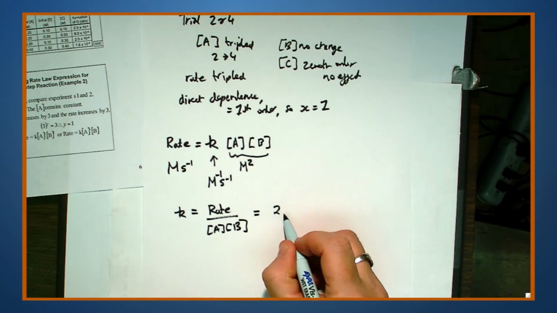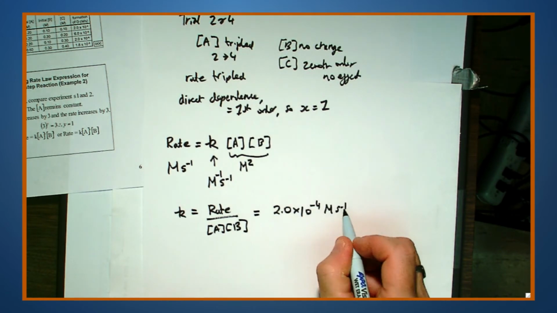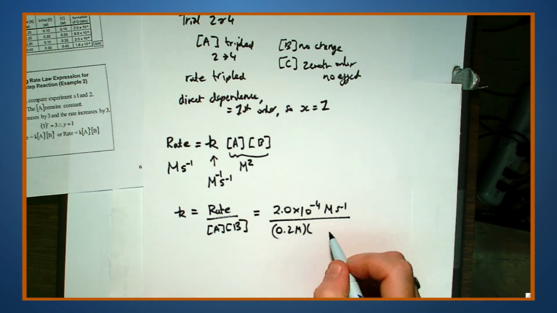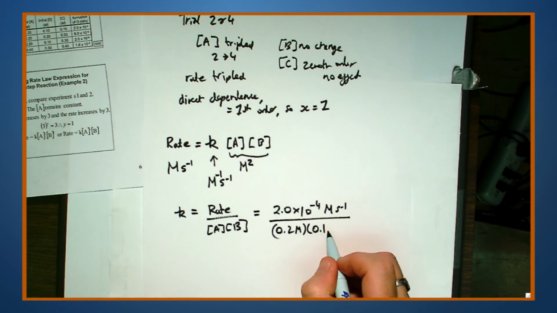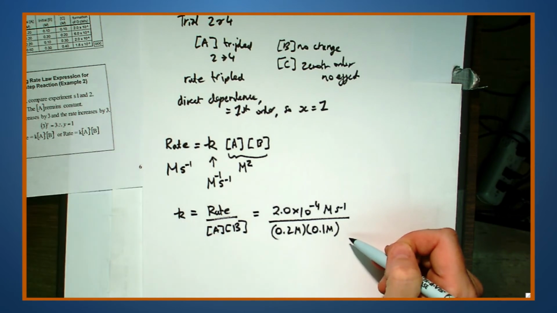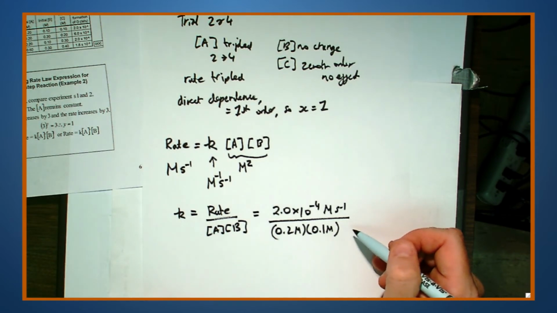So we're going to have 2 times 10 to the minus 4 molarity per time over, and then we have A is 0.2 molar, and then B is 0.1 molar. And again, technically, if you want to put the C in, you'd be raising it to the power of 0, which means there'd just be a 1 here, so there's no need to be doing that.